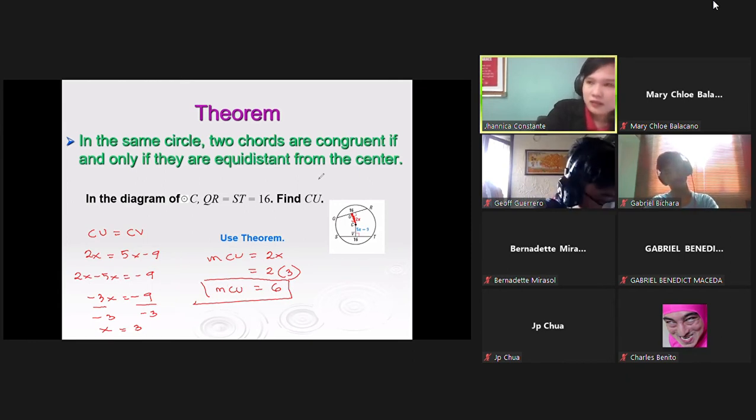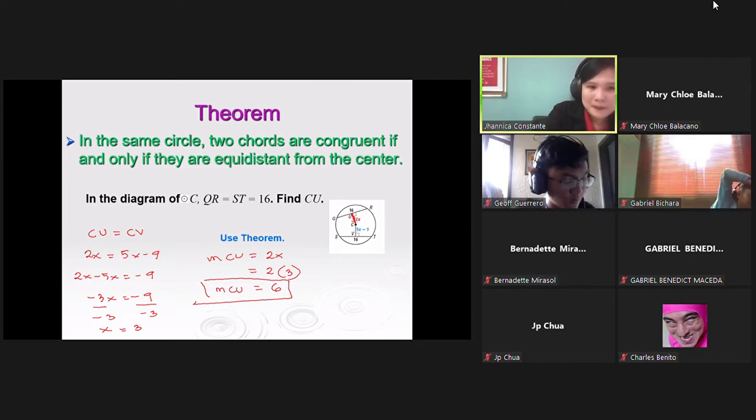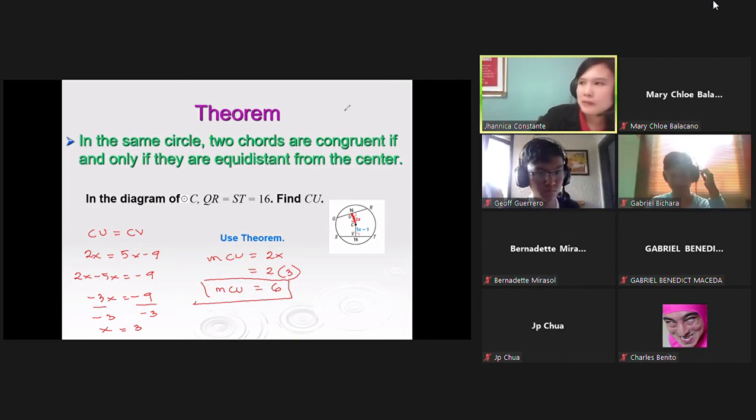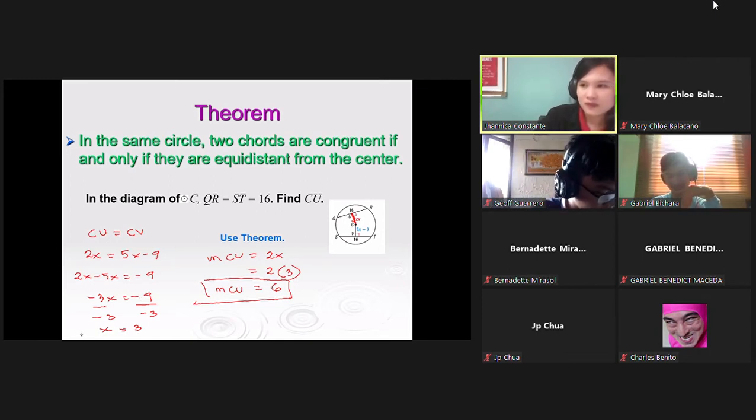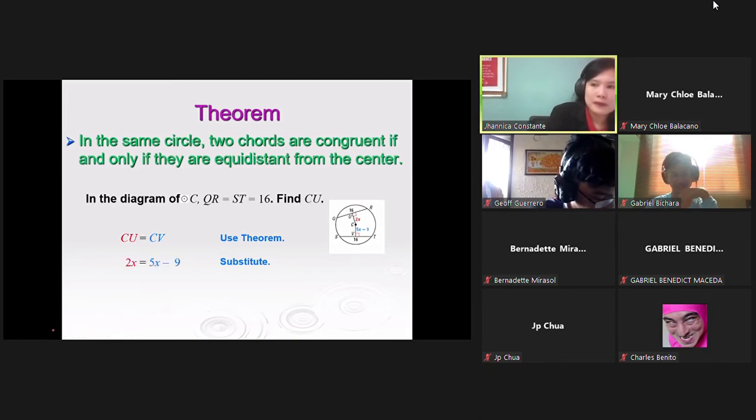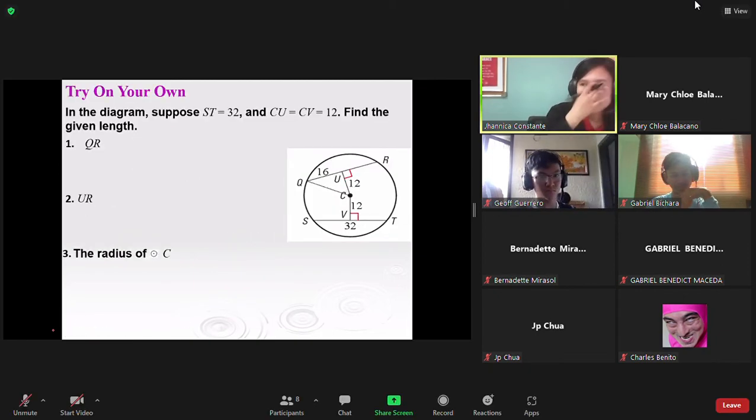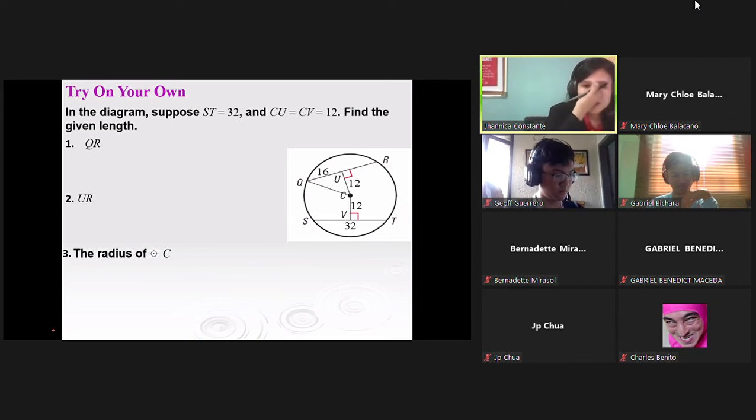Okay na, with this slide, let's have another example for the third theorem that we have in the congruent circle. So for example, we have this circle.